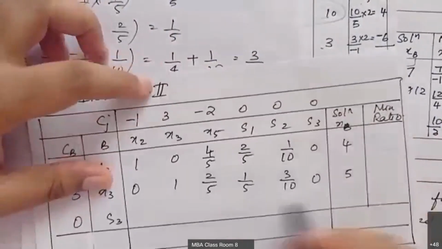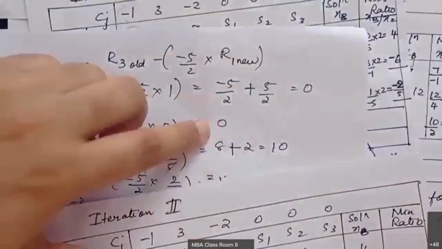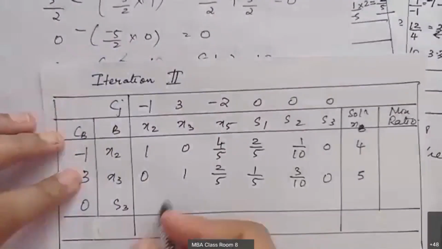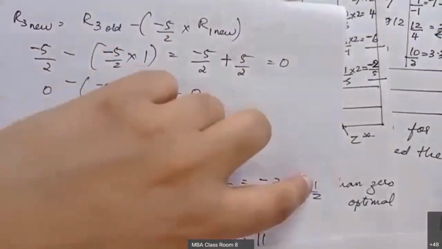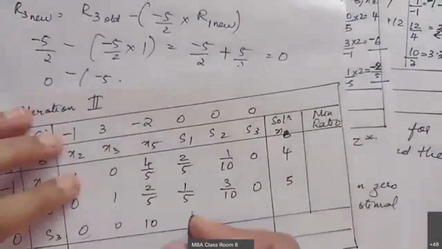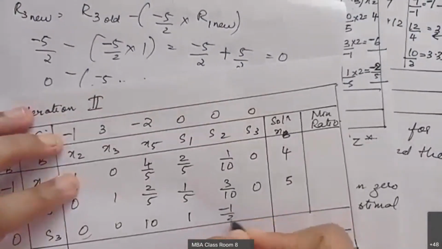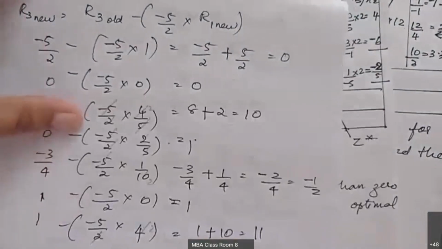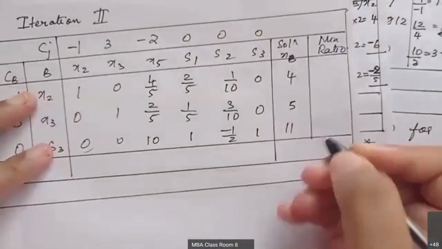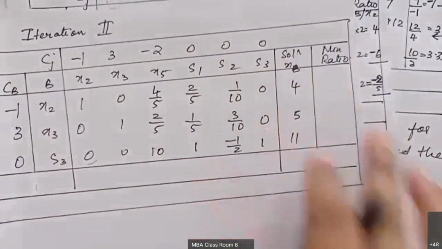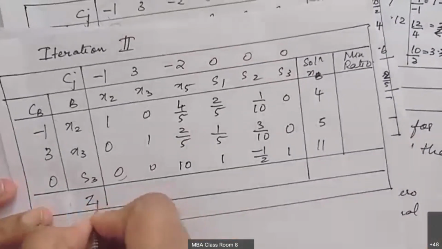Okay, I have written all the values here. Next is R3 new. Okay, R3 new I have 0, 0, 10, 1, minus 1 by 2, 1, and the last value is 11. Okay, so 11 here. Once we get so much, we have to calculate the value of Zj.